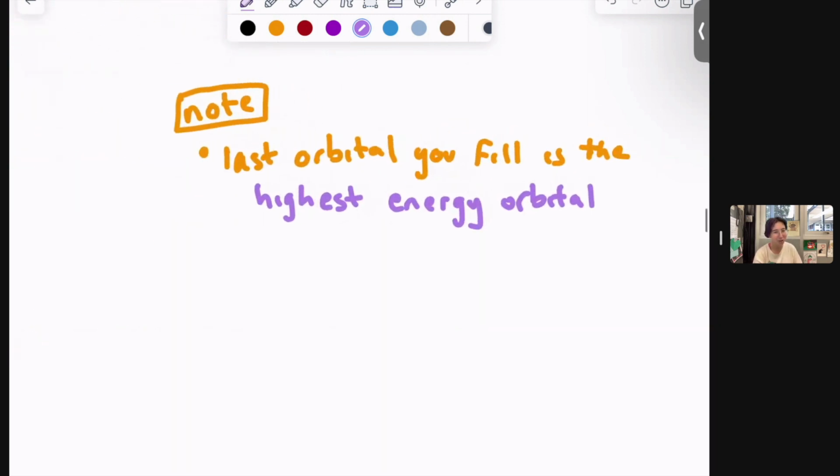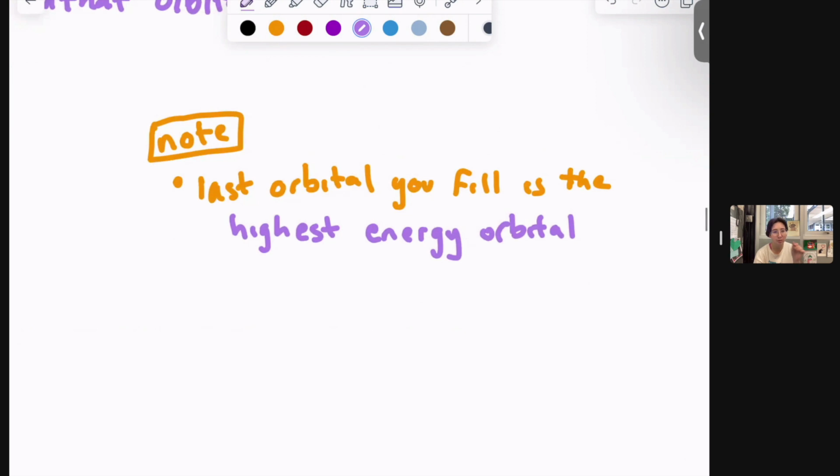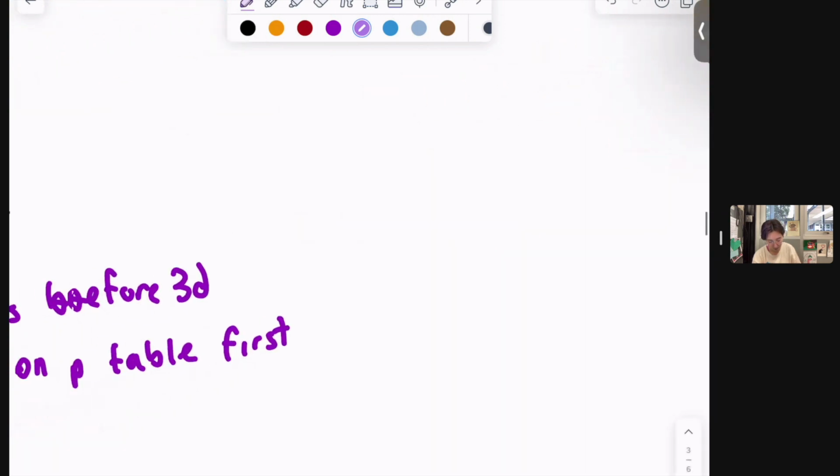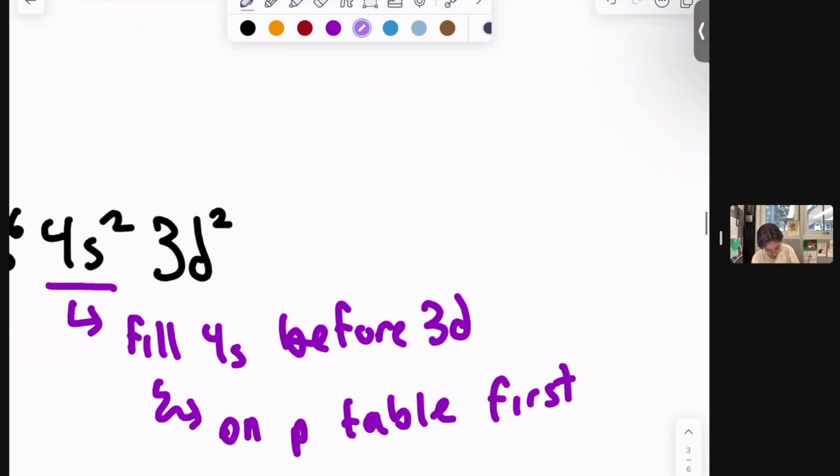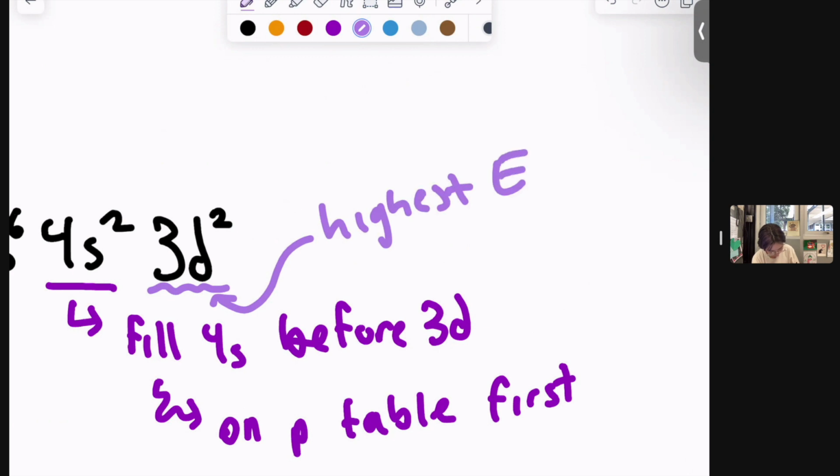So again, ingenious design of the periodic table, as you just follow it and go along, you're filling in order of energy. So that last one you filled, in this case, has the highest energy. Again, for CP or for honors, I won't ask you that, but just so you know, that one's our one with the highest energy.